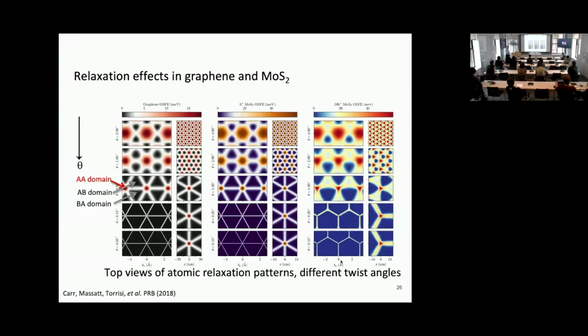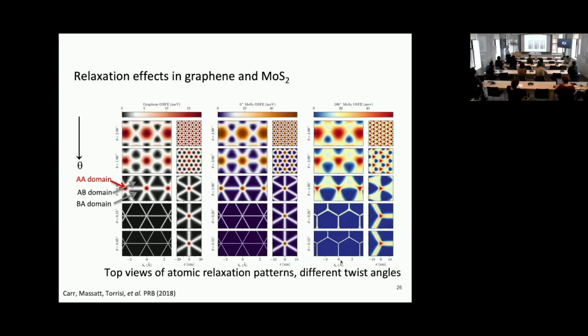So if you look at what happens in configuration space and then you go to real space, you realize that right about 1 degree of twist, you see the clear formation of the small regions. The black regions will start to be triangular and the boundaries between them in white. If you go to smaller angles, the pattern does not change.